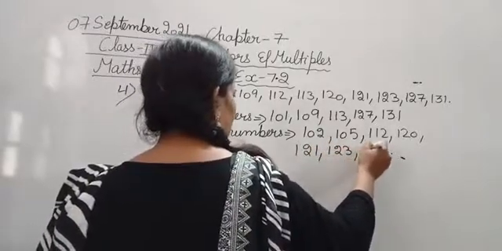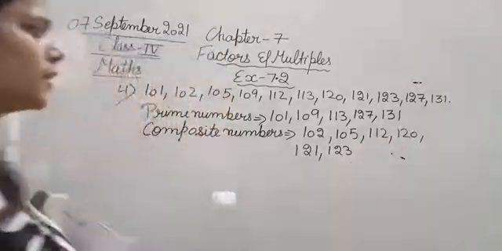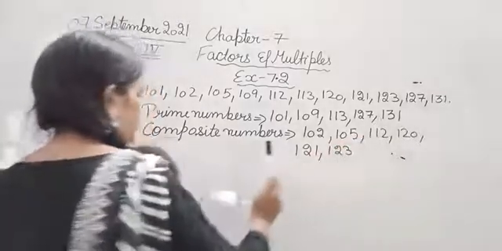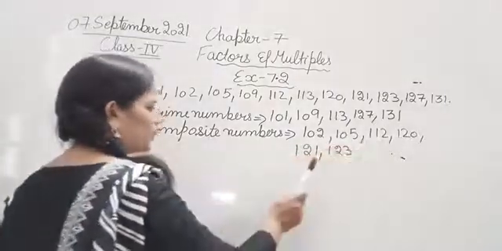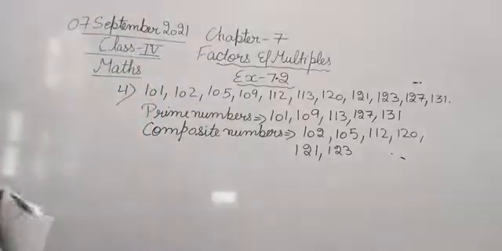So these are the composite numbers. So prime numbers are 101, 109, 113, 127 and 131, whereas composite numbers are 102, 105, 112, 120, 121 and 123. Okay, so these are composite numbers and prime numbers.